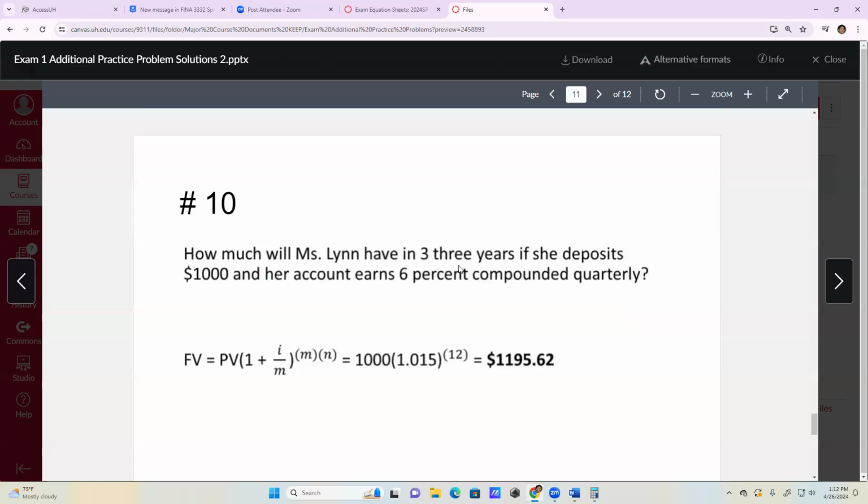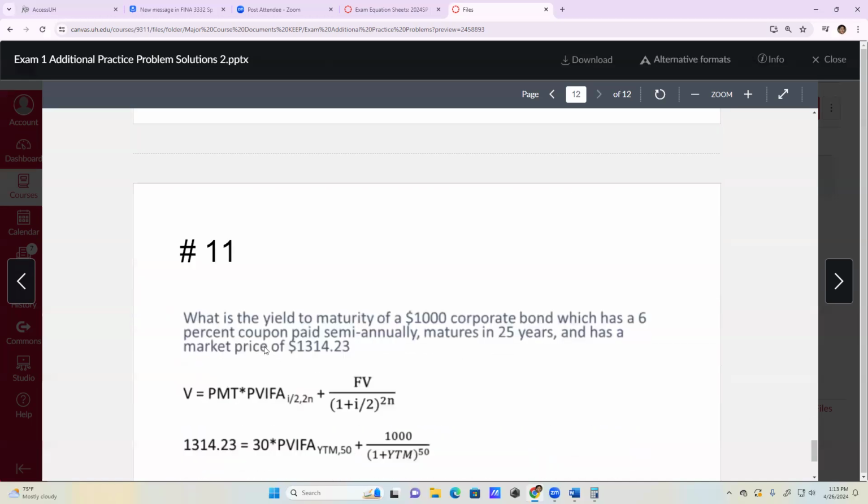How much will she have in 3 years if she deposits? So you put 6% as the I, and the M is going to be quarterly, so 4 up here. However, what is this N over here? This N is the year. It's 3 years, right? So that's how you got 12 over here. Quarterly is 4 multiplied by 3 years, which is 12. That's how you got it.